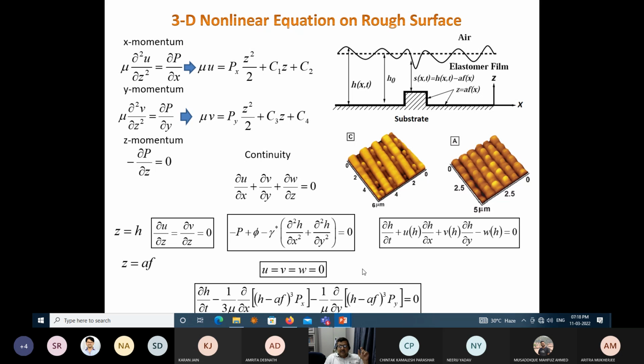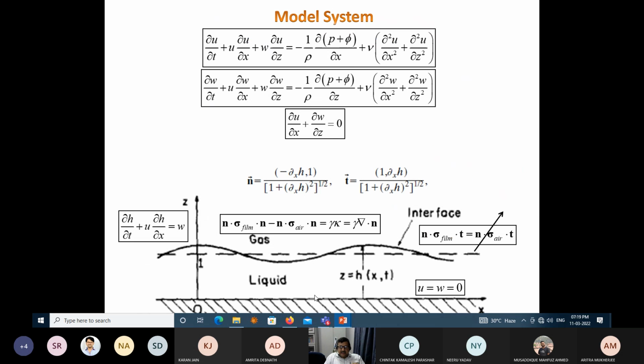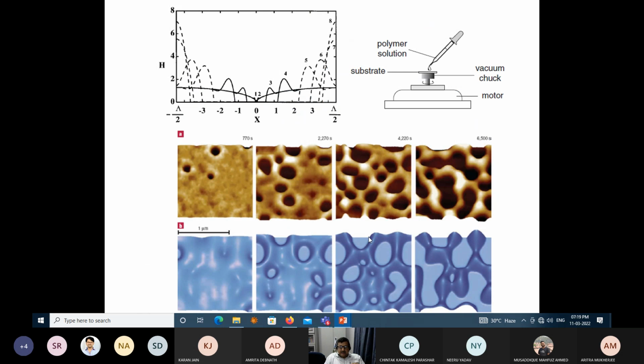Now, if I plug in everything, I'm going to get this as the most generic form of a 3D kinematic equation with surface roughness embedded. This is also an assignment. Please do it and submit. Okay, and the solution of this equation, you will find it here. This one.